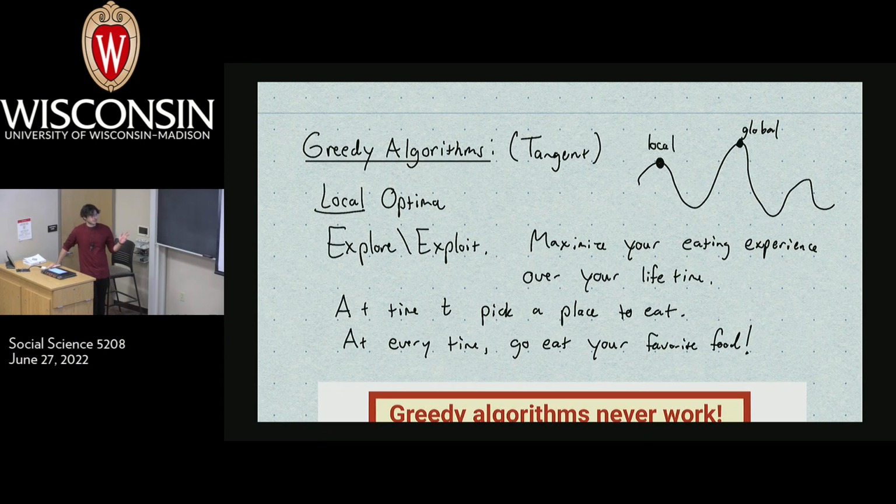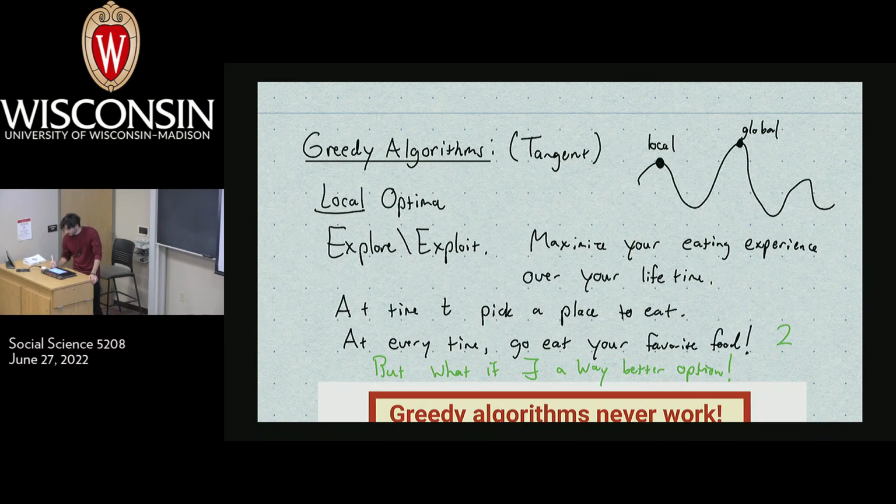So let's think about it. If you ate your favorite food every single day, you'd be pretty happy. But what if there's some food that's way better than your current favorite, but you've just never tried it? Sometimes you have to explore new foods to figure out what you really love.